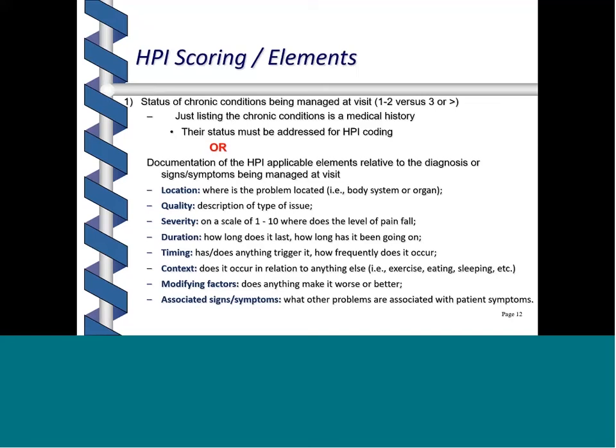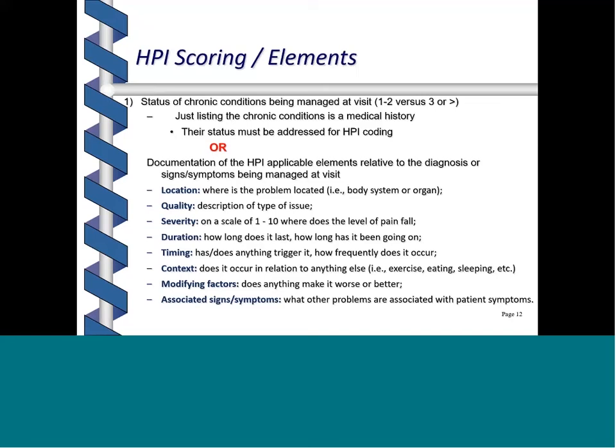So the COPD status might be they had an exacerbation in the last month as reported by the patient, or they had to increase the use of their inhaler, or their oxygen was increased, something to give the status of that chronic condition.